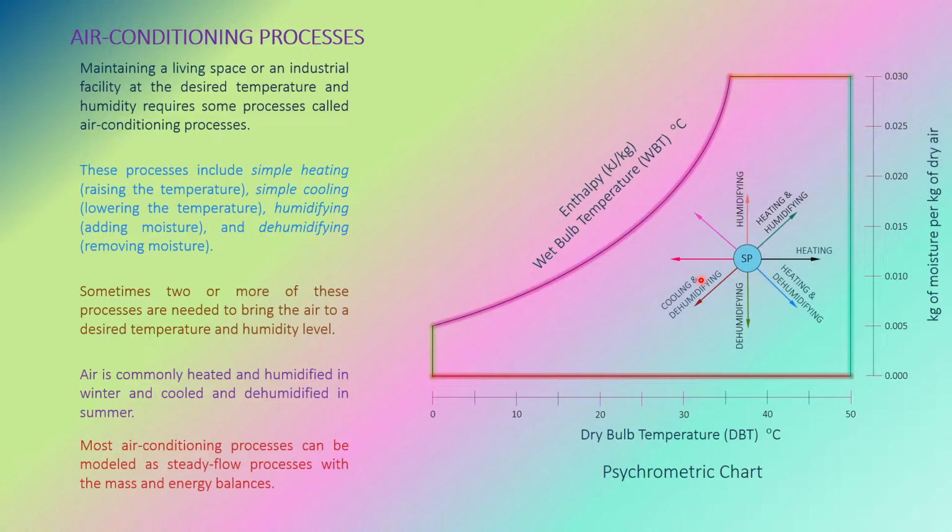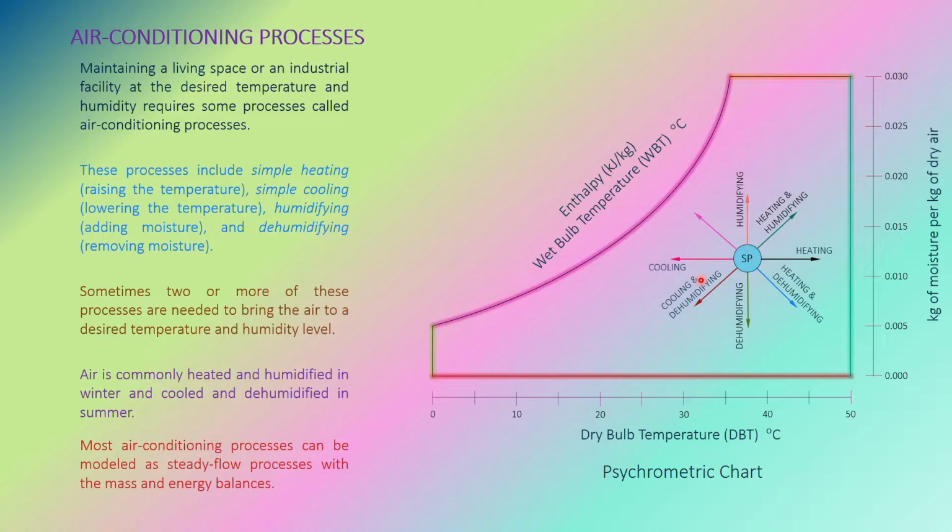So what happens if it's subjected to further cooling? That is when the H2O or the moisture will drop out from the air as condensate or dew. That is the way in which dehumidification will take place.